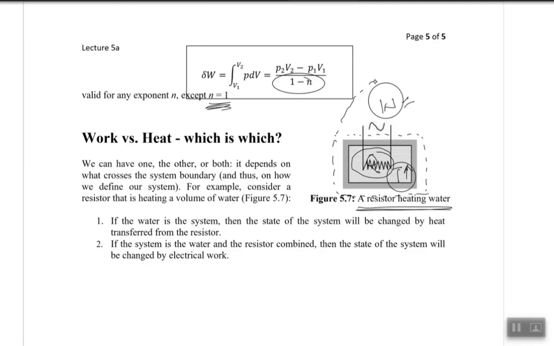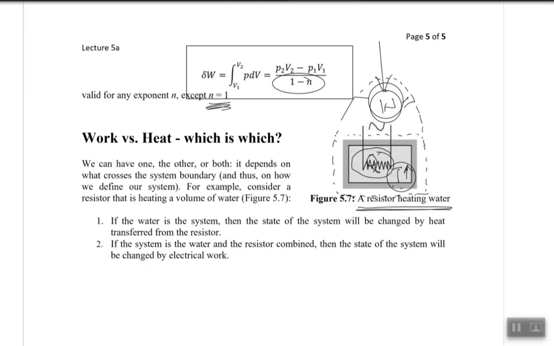If I include this work done as well, the temperature is again rising due to the heat supplied, but the heat is transferring due to the work supply. So in other words, the change in the state, which is the change in temperature of the system, is due to the electrical work which is supplied from above.